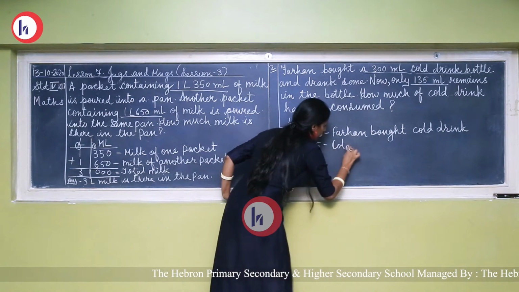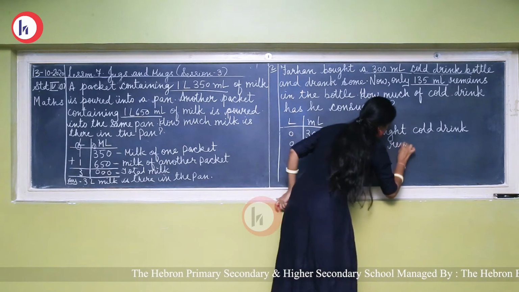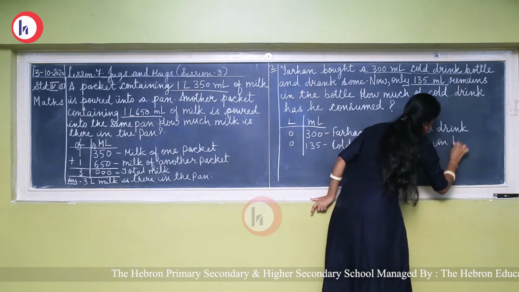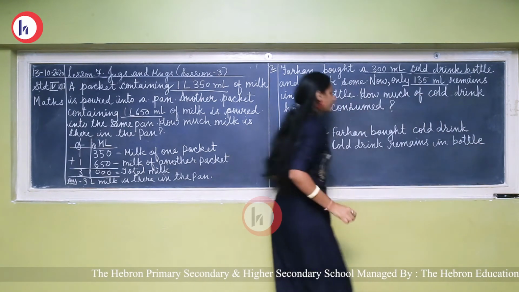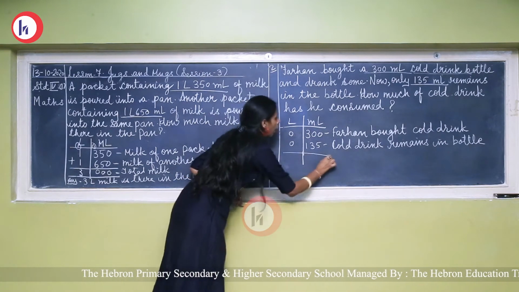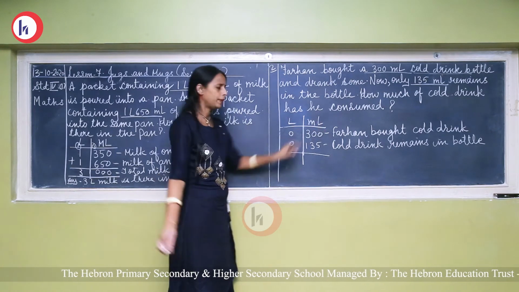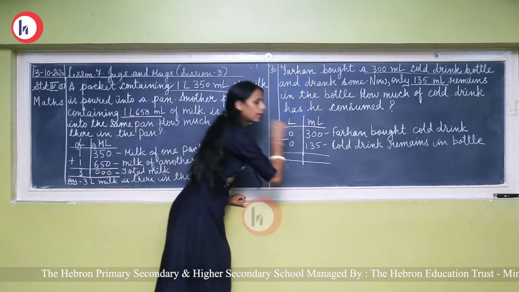Cold drink remains in bottle. Then question is, how much of cold drink has he consumed? उसने कितना पिया? So we will do here subtraction so that we will get the answer.